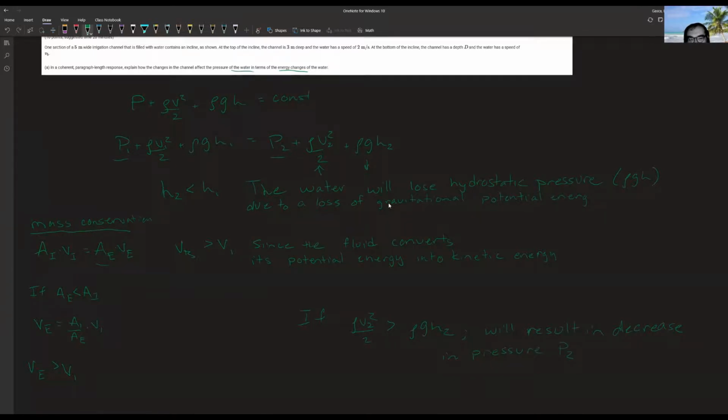In this case, if the change in kinetic energy is less than the change in gravitational potential energy, then these particles increase their pressure on each other because they're not able to go as fast to alleviate the pushes on each other. So this is kind of all over the place. Let's go ahead and see here what the College Board was thinking in terms of how we should answer this.